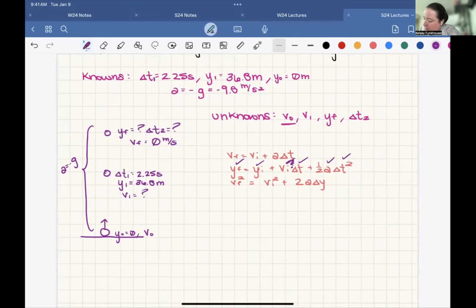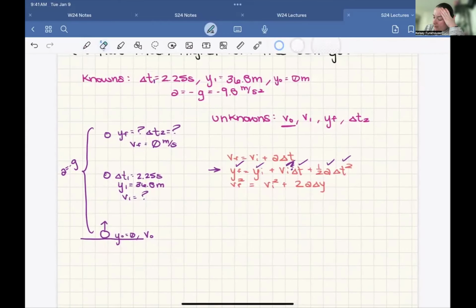We know the acceleration and the time interval. So it seems like this equation, but yes, I did skip the first equation because we don't know either of the velocities in this situation. We don't know initial or final, because we're trying to find initial and we're not given final. And that also makes this last equation not helpful, because again, two unknowns.